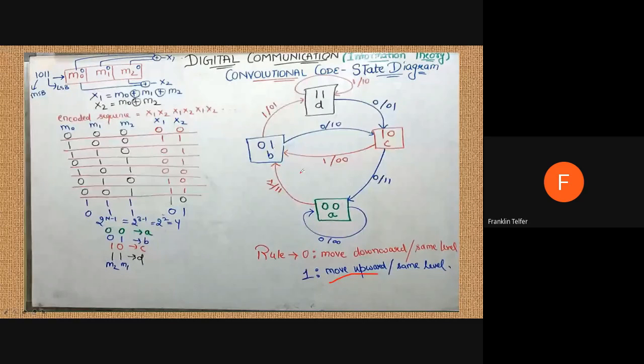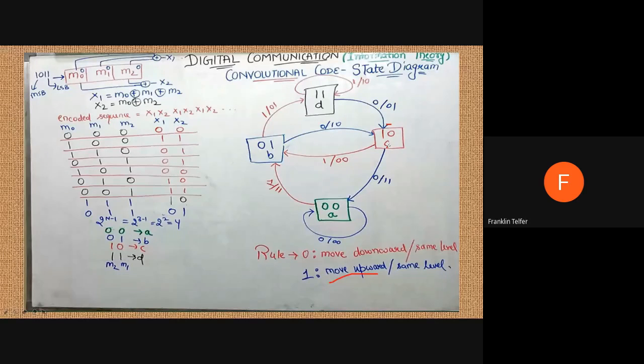This blue line determines the same level, and this red line determines the different level, either upward or downward. So it is going upward. Similarly, go for C. When we have a decision of 0, you can see here from C it is going either to the same level or to a different level.